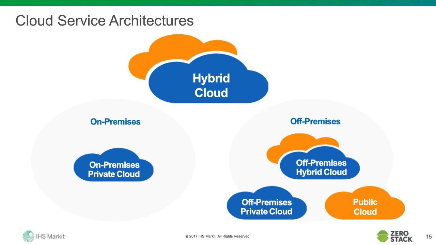When you move to cloud services architecture and you start modifying your stack and you've distributed your compute in different data centers, look at the complexity now of the architectures you're dealing with, from the public cloud, which is a shared infrastructure, to the off-premise private cloud, to the on-premise private cloud, to two forms of hybrid cloud: off-premise hybrid, where you have both the shared and non-shared part in a cloud service provider data center, and a traditional hybrid cloud, if I could call it that, where you have the shared part in the cloud service provider data center, and the private or non-shared part on-premise. So complexity starts to abound and go up.